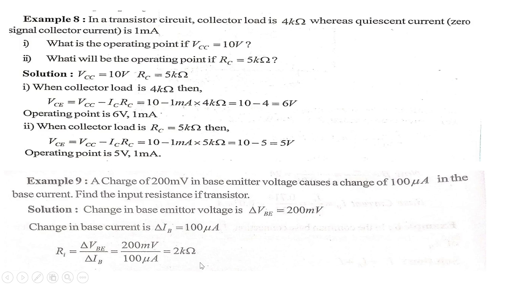So change in base emitter voltage is delta VBE equal to 200 millivolt. Change in base current is delta IB equal to 100 microampere. So Ri equal to delta VBE upon delta IB, that is equal to 200 millivolt upon 100 microampere, that is equal to 2 kilo ohm.